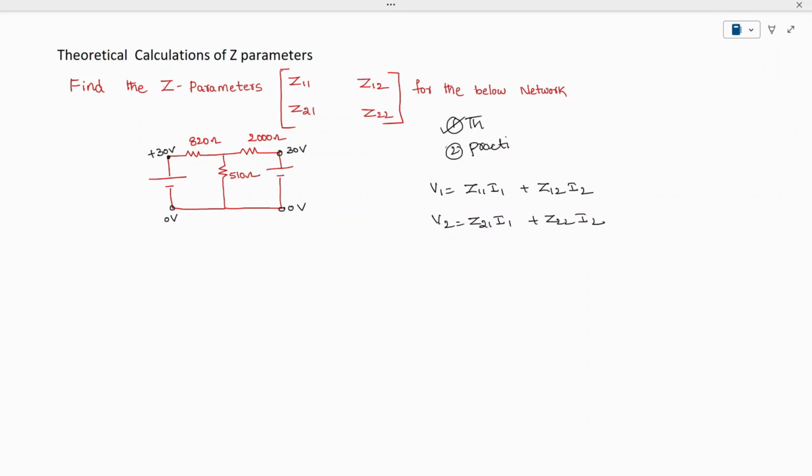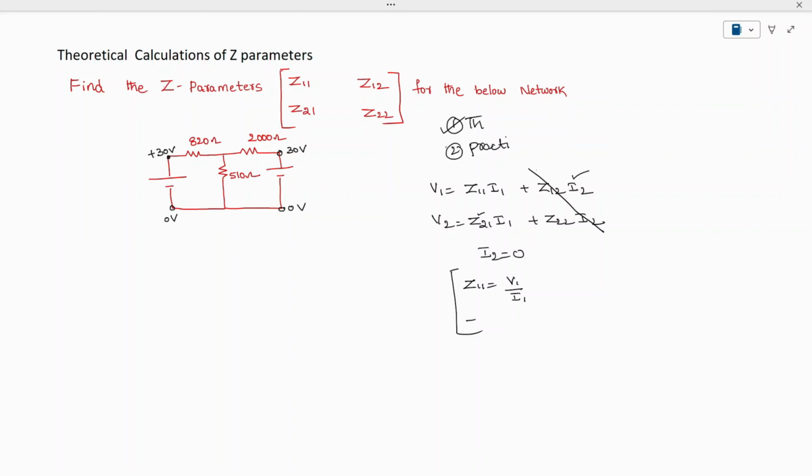In order to find all these four parameters, initially I make I2 equal to 0. When I make I2 equal to 0, Z11 is equal to V1 by I1, which is the first step you have to find out.